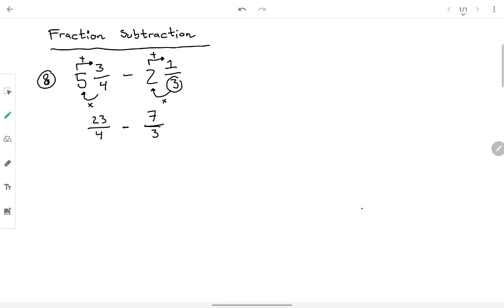Then we have a subtraction of two fractions, so we will need to find the least common denominator. Between 4 and 3, we can do it mentally. It's 12. So we can transform our fractions into 12s.